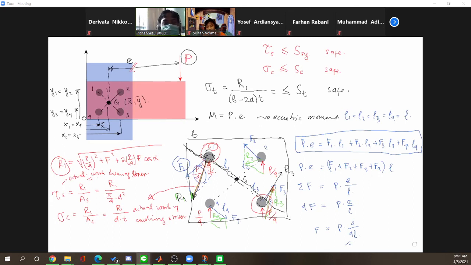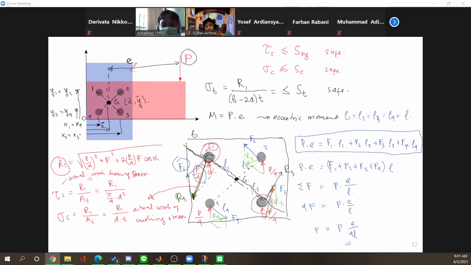So that's why in the textbook, we don't find the analysis for this tensile stress for the plate. Okay, because it is not the critical one. The most critical part is the shearing on the rivet or crushing on the rivet and plate.